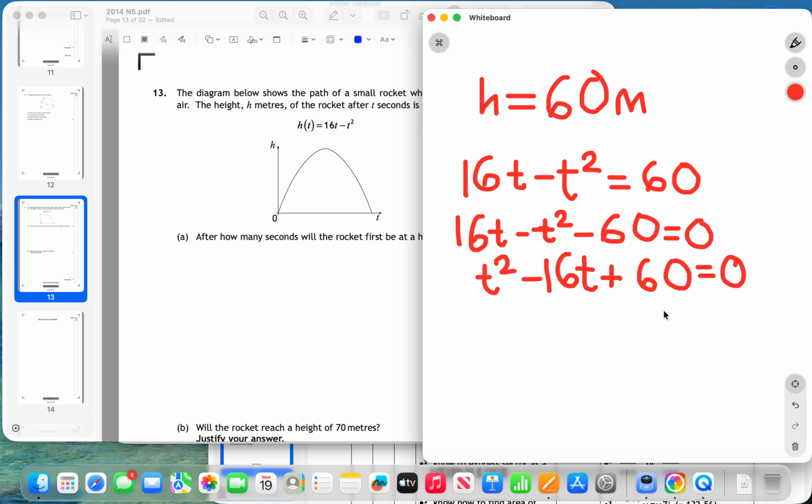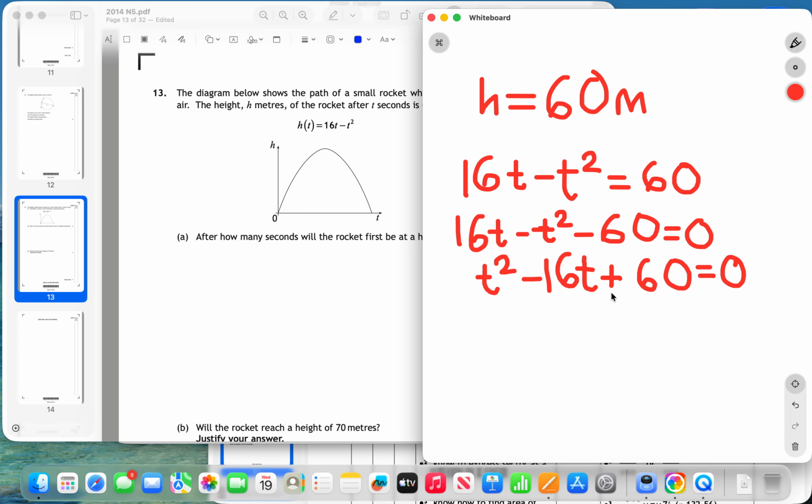But if we have two negatives, they multiply to make the positive and they add to make a negative. So we have to think, well, if we had -5 and -12, they would add to be -17 and multiply to make 60.